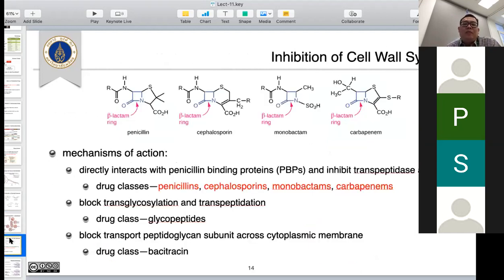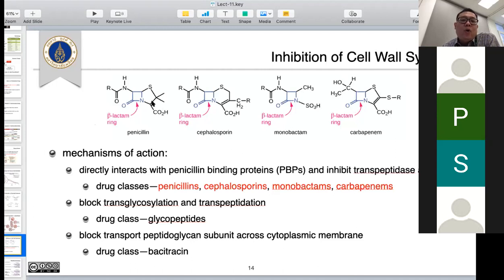Let's start from the cell wall, inhibiting the cell wall. The majority of antibiotics that inhibit the cell wall are beta-lactam ring antibiotics, okay? When we talk about this, we mention the groups penicillin, cephalosporin, monobactam, carbapenem.